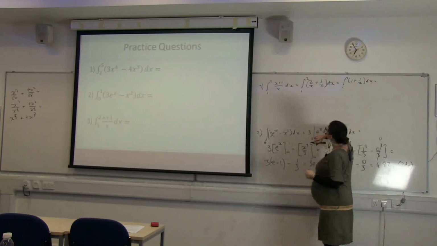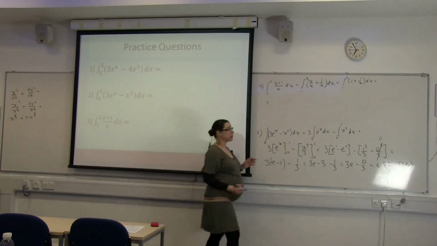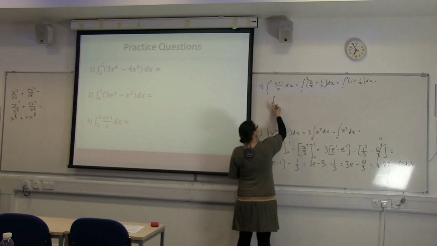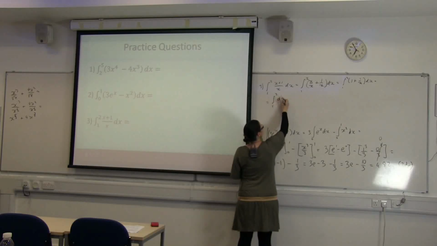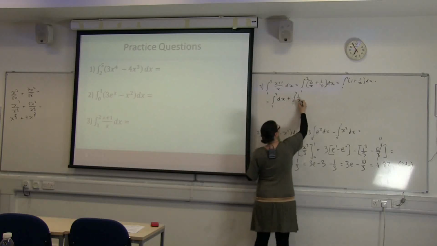And from now on, I can just apply the rules of breaking them into separate integrals. So that will be integral 1 to 2 dx plus integral 1 to 2 of 1 over x dx.